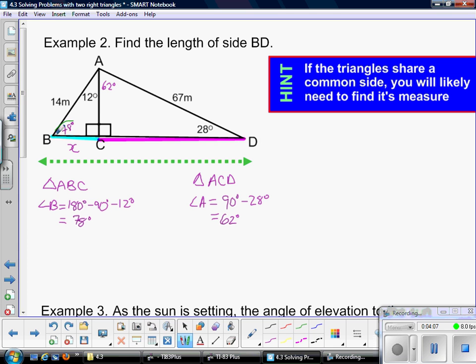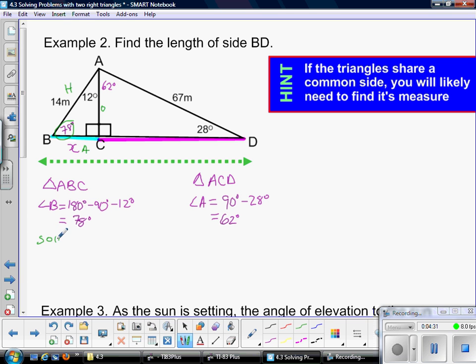So here is my angle. This would be opposite, this would be the hypotenuse, and this would be adjacent. Now, I could use the 78, or I could have used the 12 that they gave me. Either way would have worked. As I said, it doesn't matter which one you use.